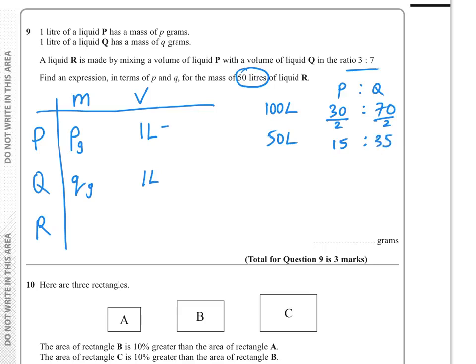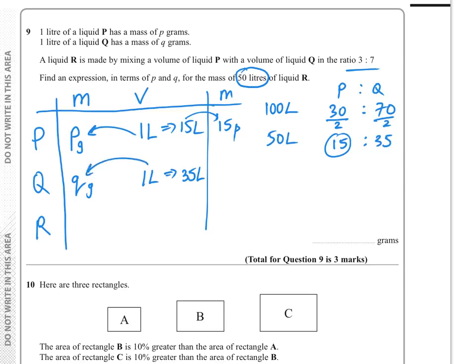So what we can say is here that if we wanted 15 litres of liquid P, then we'd have to have 15p in terms of the mass required, because if 1 litre was just p grams, then 15 litres would be 15p grams. And then likewise, if we actually wanted 35 litres of liquid Q, then if we know 1 litre was q grams, then 35 litres would be 35q grams.